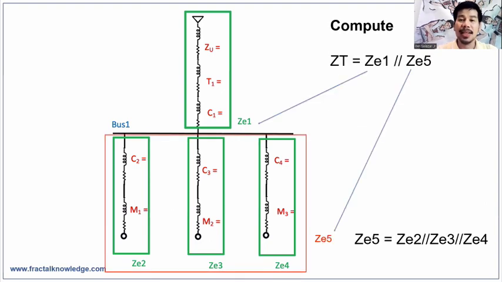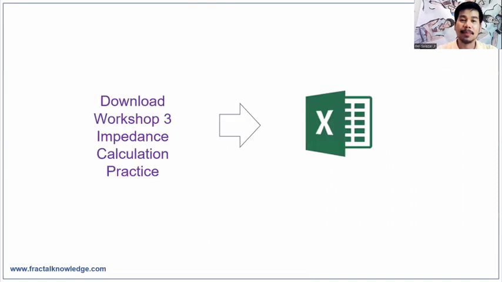But the total impedance of the system in reference to bus 1 is the parallel of the impedance Z equivalent 1 and Z equivalent 5. To find the total impedance, you need to find Z equivalent 5 first, which is the parallel of Z equivalent 2, Z equivalent 3, and Z equivalent 4.